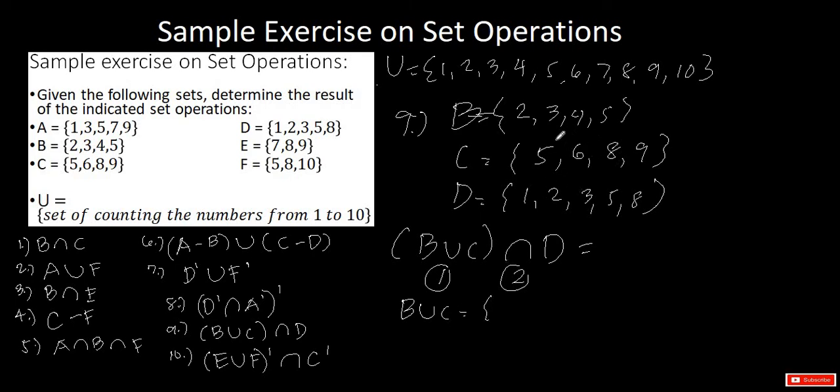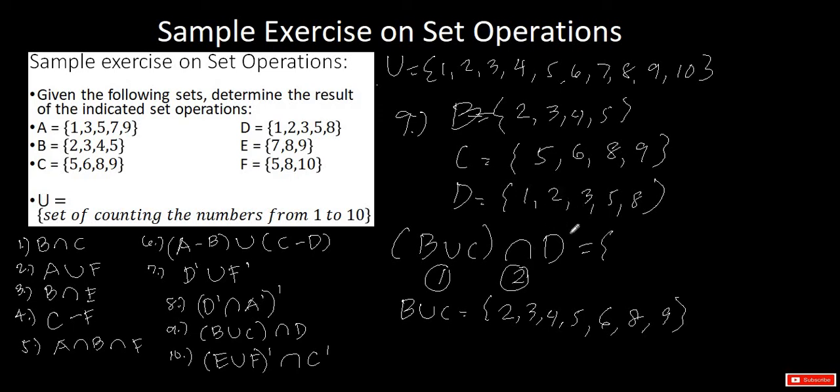These are the elements of set B, 2, 3, 4, and 5, and the elements of C that are not in B, we have 6, 8, and 9.